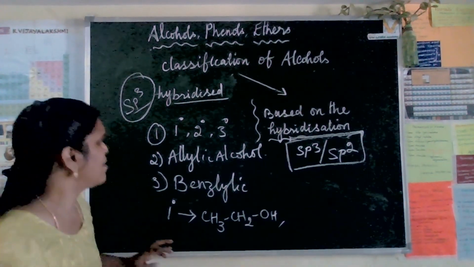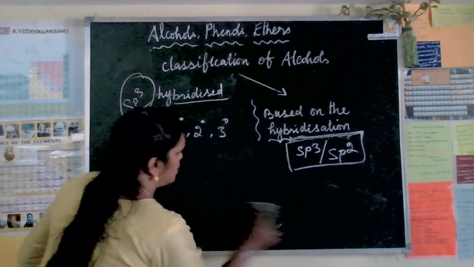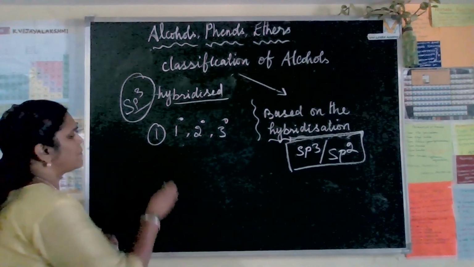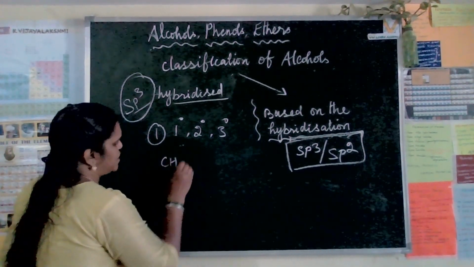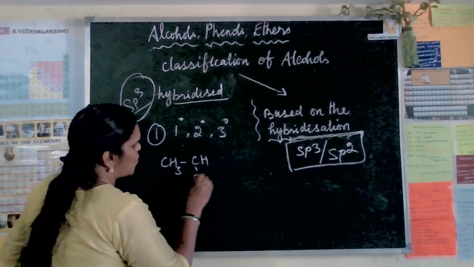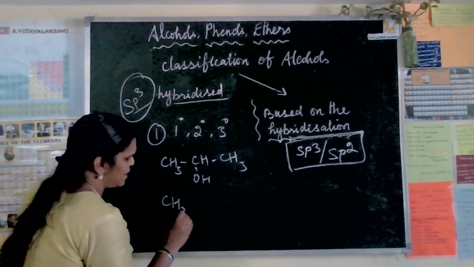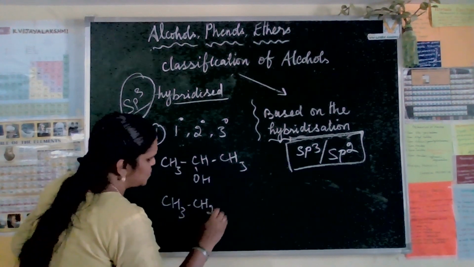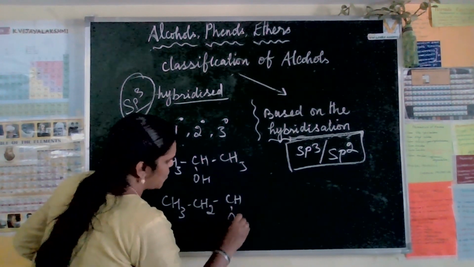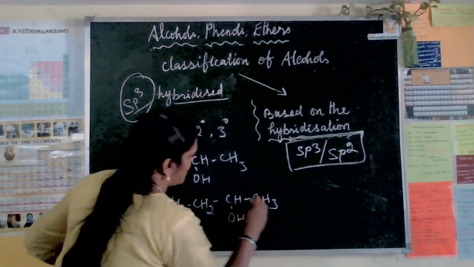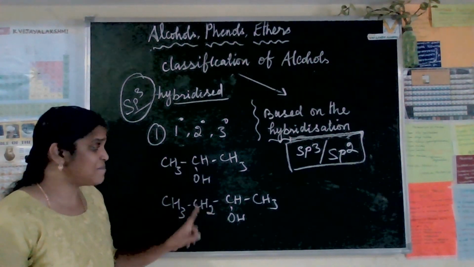Now what is a secondary alcohol? In a secondary carbon the OH group attaches: CH3CHOHCH3. Now CH3CH2CHOHCH3. Can you name this?